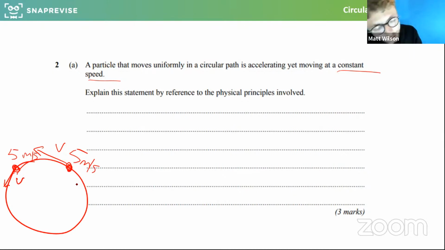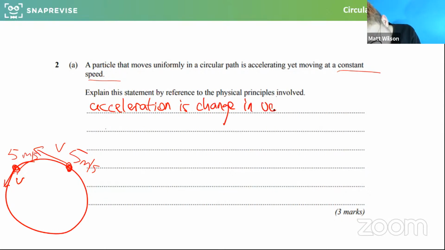Acceleration is change in velocity per time.